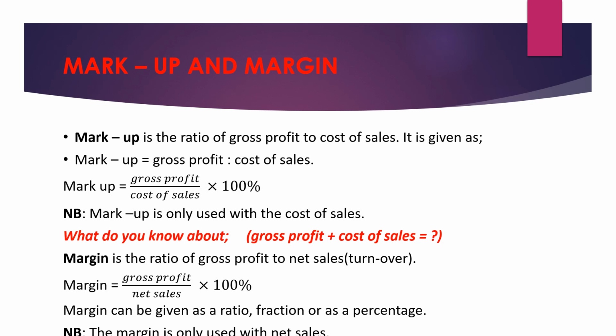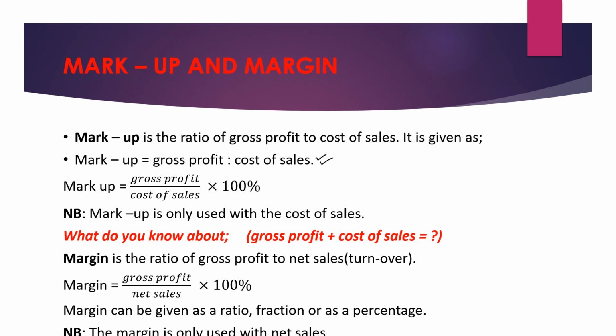Now, markup is the ratio of the gross profit to cost of sales. It is given as markup is equal to the gross profit over cost of sales. Markup can also be given as a percentage, whereby it is the ratio of the gross profit over cost of sales times 100%.